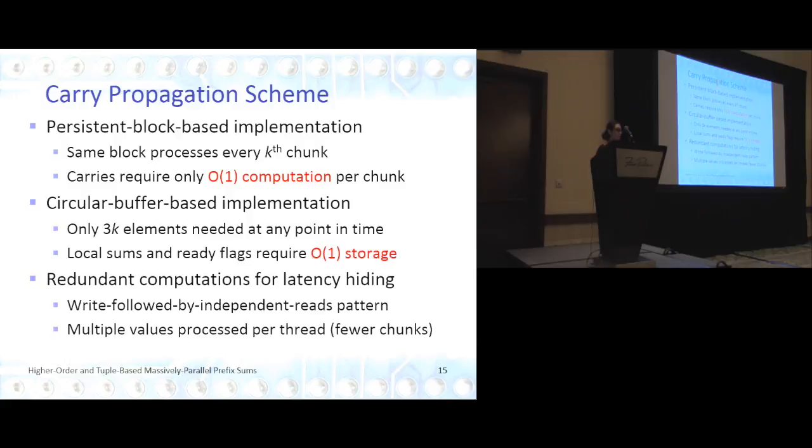And because of those blue values that we just saw, we only need 3k elements at any point in time: k elements to write that we are working on right now, k elements that we are removing, and k elements that are the safe values. And the local sum and the ready flag require only a constant amount of storage.